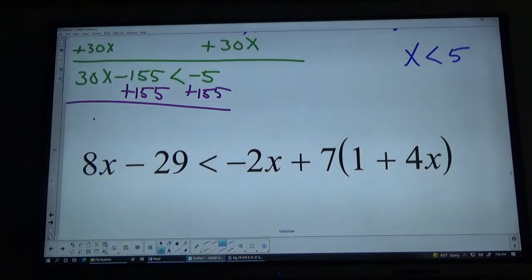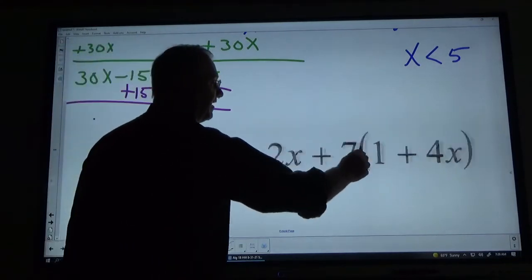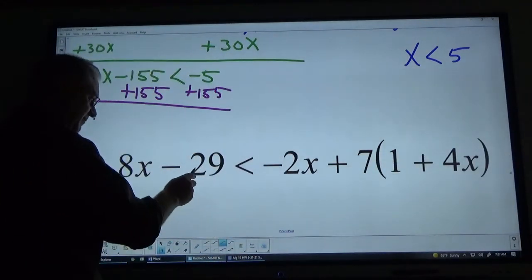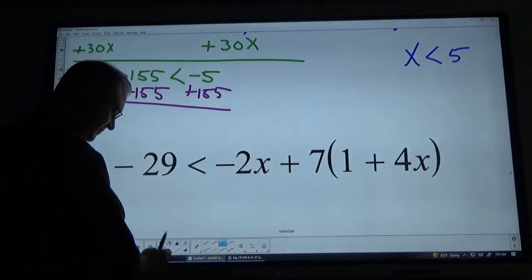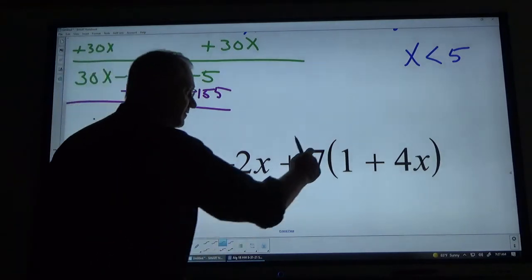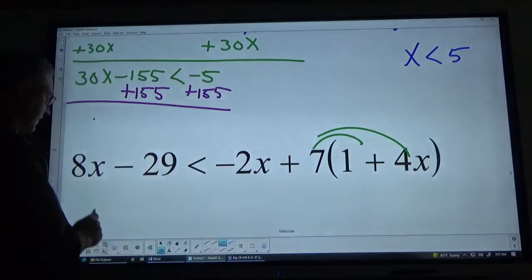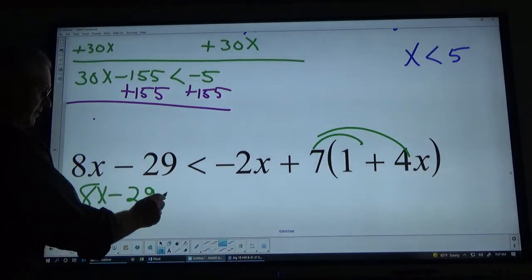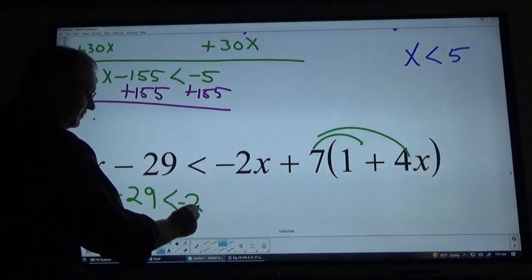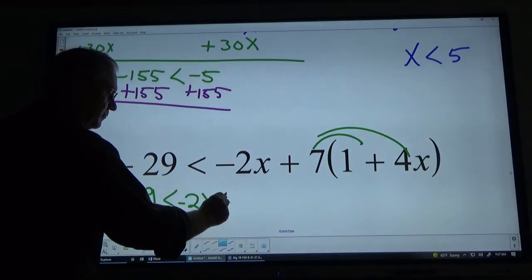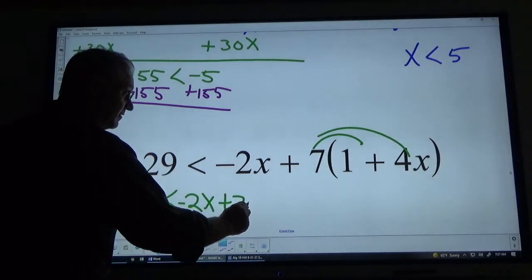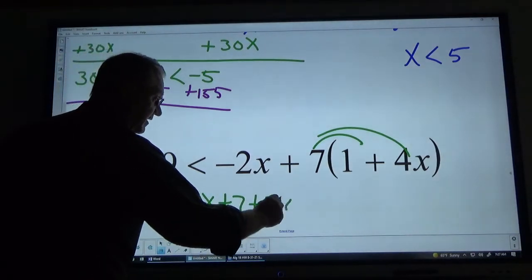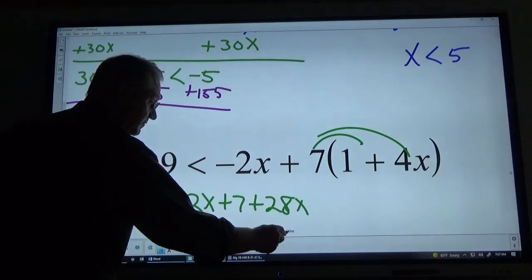All right, so first step is to distribute. Distribute the 7. So 8x minus 29 less than negative 2x plus 7 plus 28x.